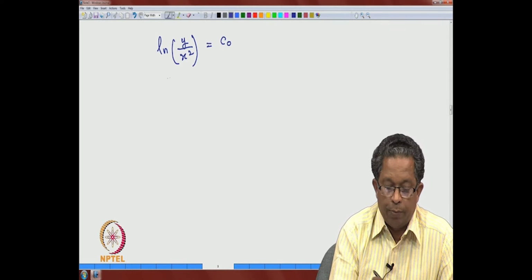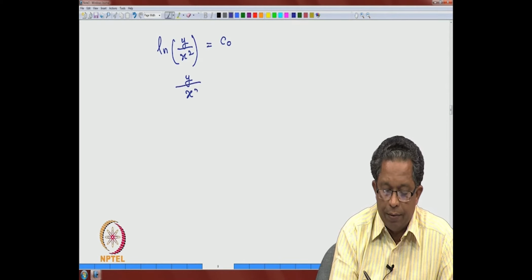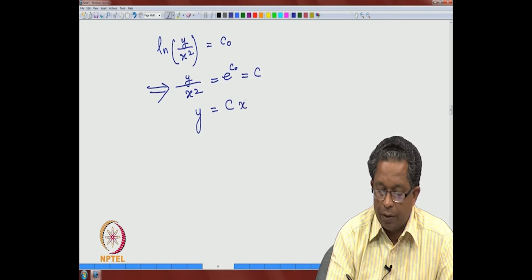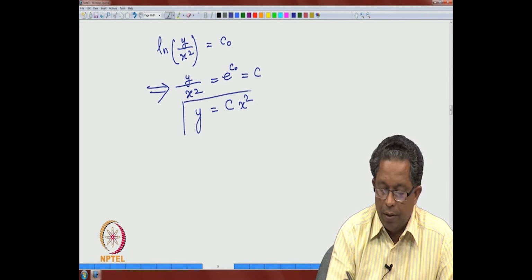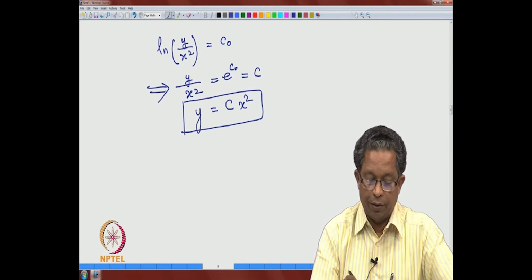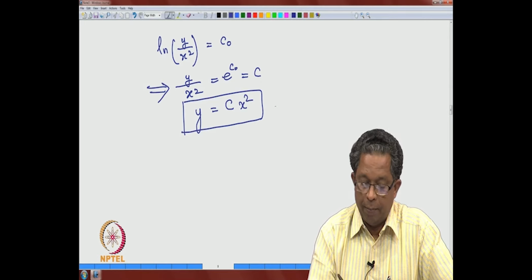or taking exponential on both sides, we get y by x square is equal to e to the power C0. So call this C. Therefore y is equal to C into x square is the general solution, where C is an arbitrary parameter.